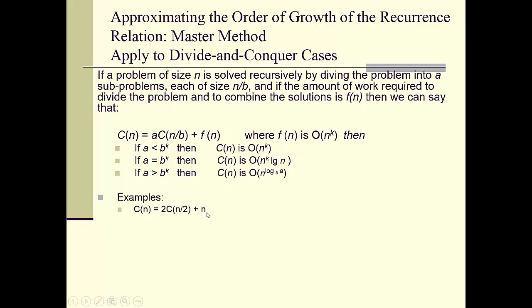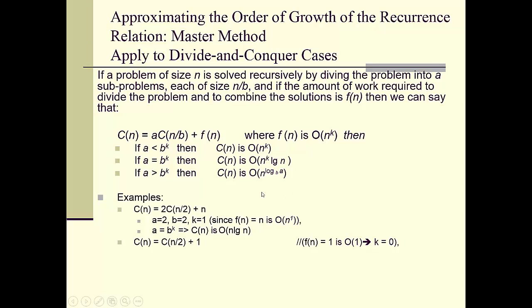Since f of n is n, k is going to be equal to 1, which is basically O of n to the power 1. But since a is equal to b to the k, then C of n is going to be O of n log n according to the second condition.